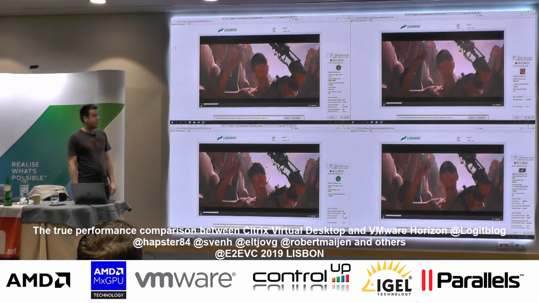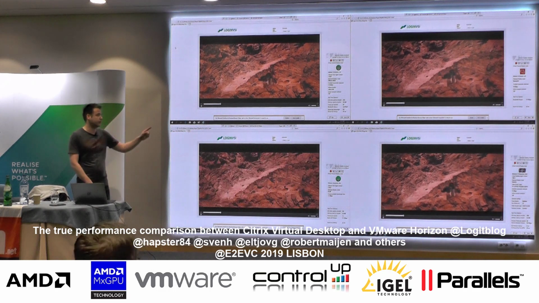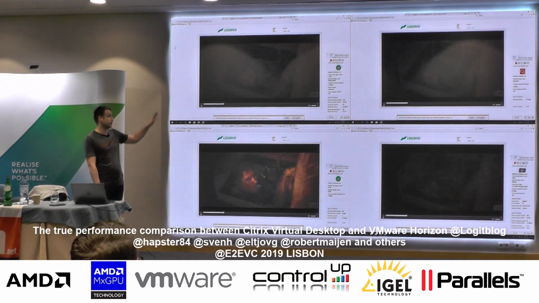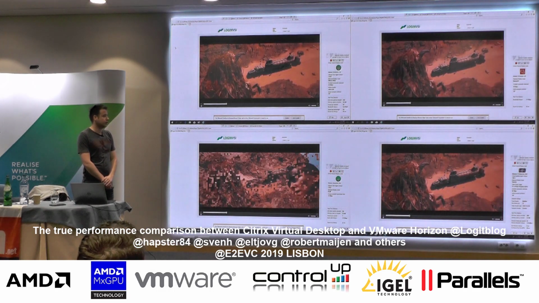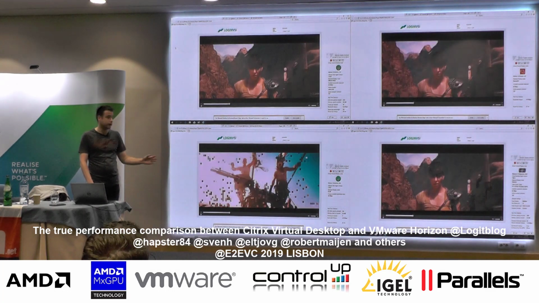Again, I think RDP is doing okay. It's not the same experience when you're looking at Citrix and Blast. But you see that PC over IP has a hard time rendering all the frames.